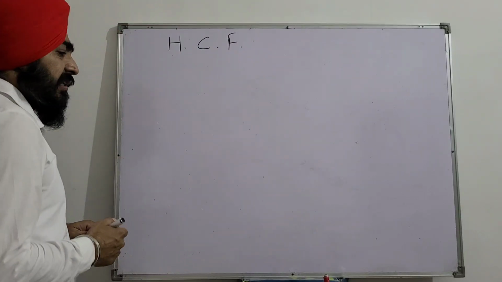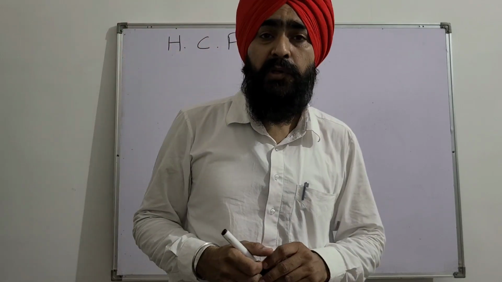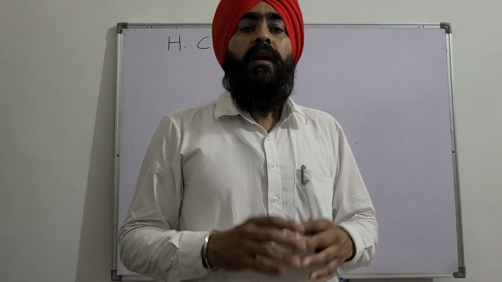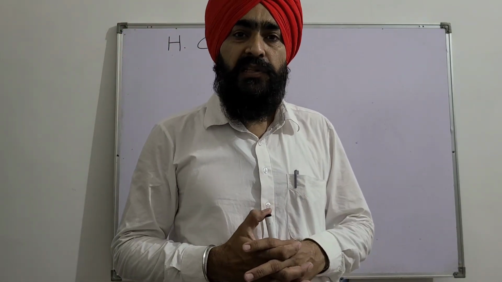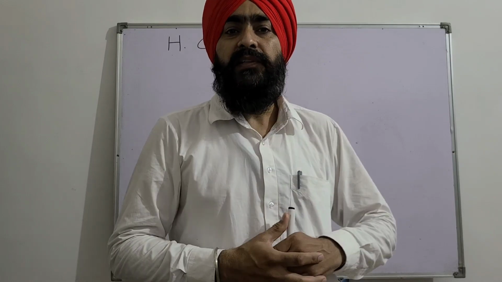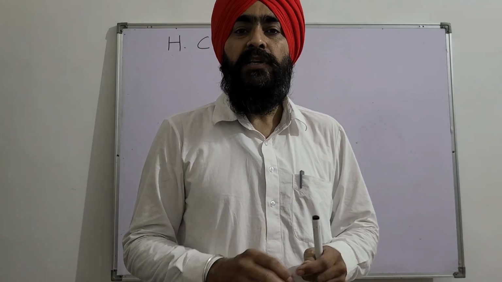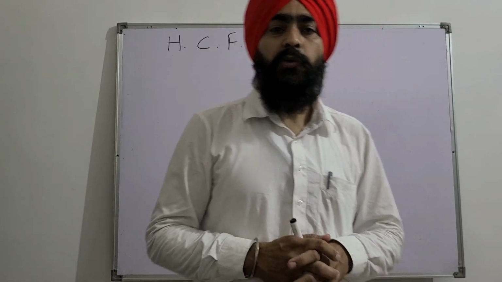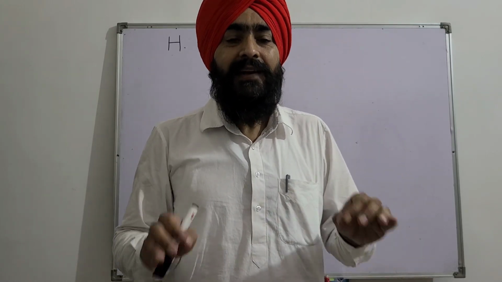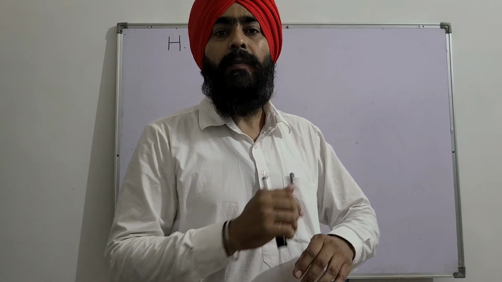So it is a very easy concept, and as I told you in the previous video, all the numbers which exist in this universe have one as a common factor. सब में one common factor है. It means if two or more numbers have no other common factor, then at least one is common amongst them.